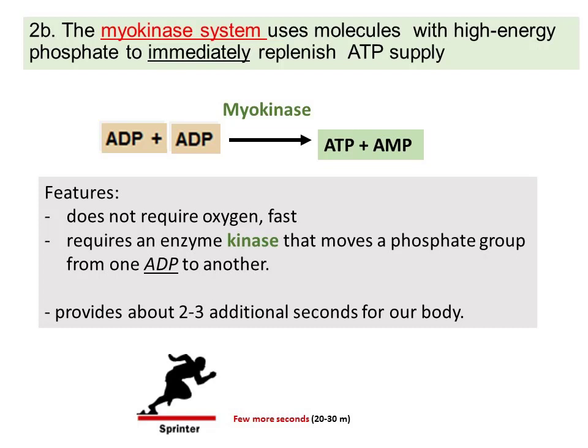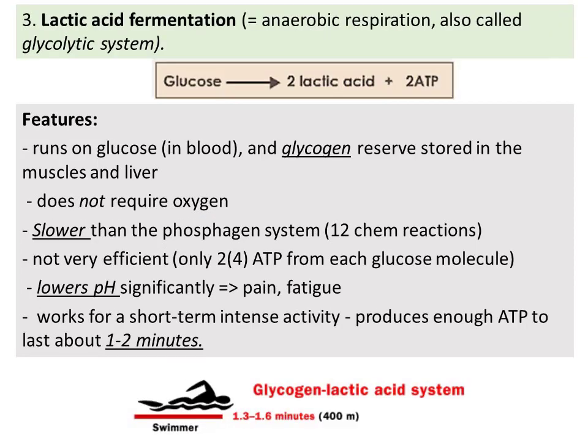ADP has given us a couple of more seconds, and now we're like, okay, we need something in a hurry. And this is where our anaerobic respiration comes in. The lactic acid pathway, and there's that word fermentation.